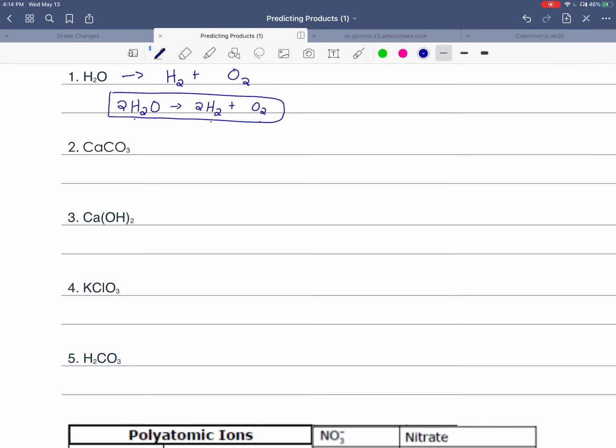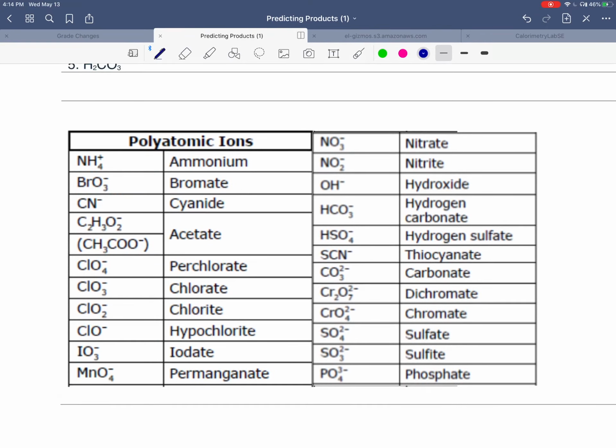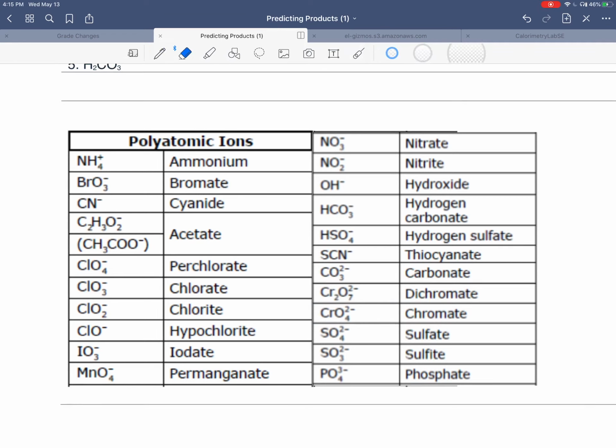Calcium carbonate. Calcium is a metal. Carbonate is a polyatomic ion that you're going to find on your polyatomic ion chart in your reference tables.